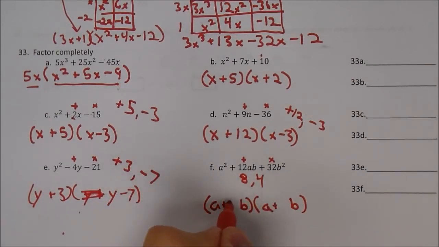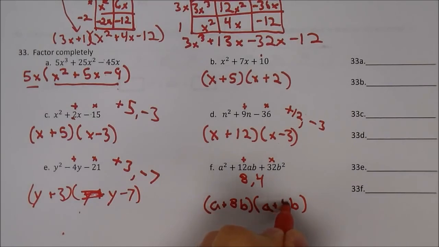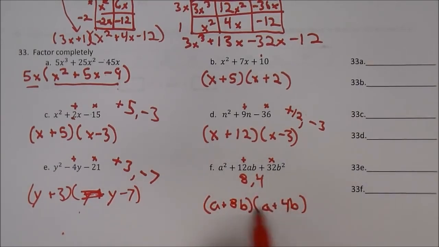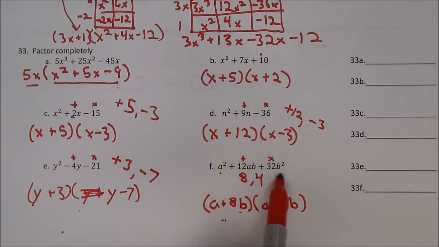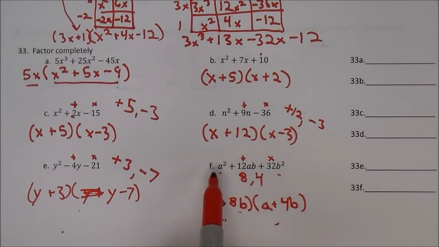So I'm going to make it a plus 8b and a plus 4b. They still multiply, so if I multiply these two and went in reverse, it would give us 32b squared. If I add them, it gives me 12ab if we went in reverse to multiply, and then the a squared. So these would be our two factors. Notice I had the b squared on the other end opposite to the a squared. It's just the way that it will work out for us.